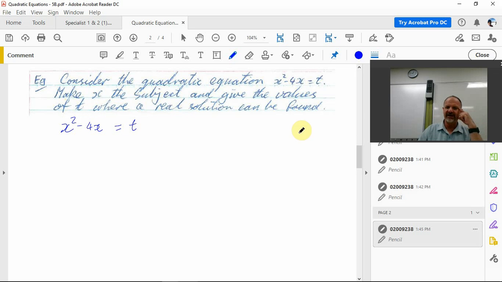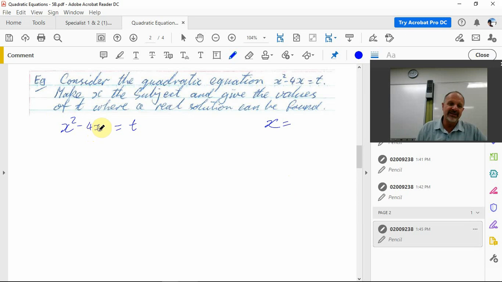Whenever it says make anything the subject, we want an expression which has got x equals. What we've got here is x appearing in 2 places. We need it in one place.